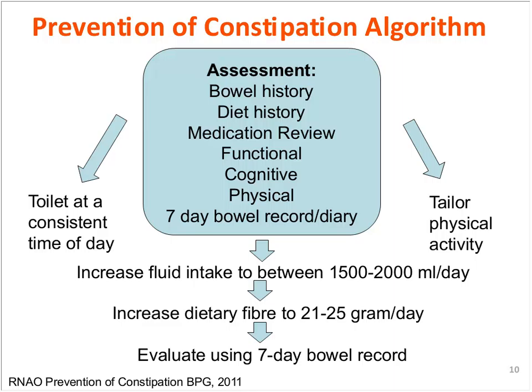And then the ones around the outside, the toileting at a consistent time, increasing fluid intake, tailoring physical activity, increasing fiber, and evaluating, those are more of the implementation interventions. We just like this because it gives a really nice overview of what I'm going to talk about.